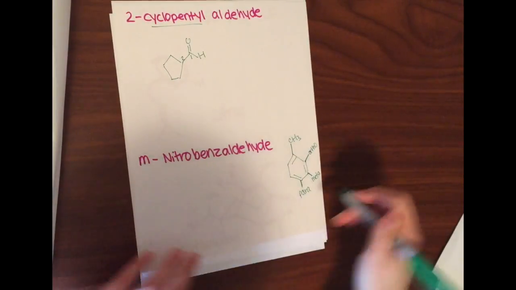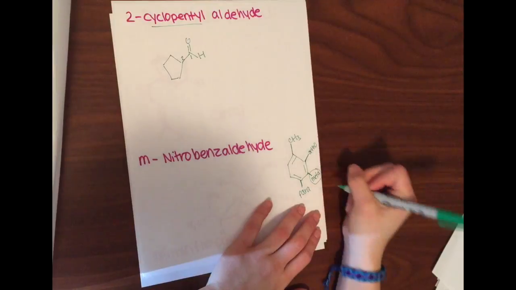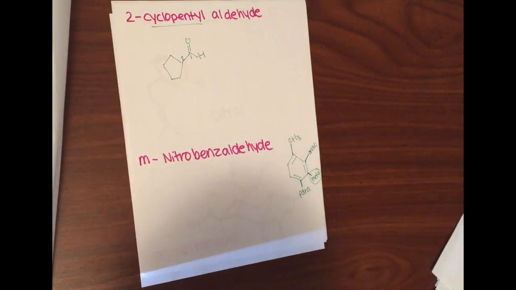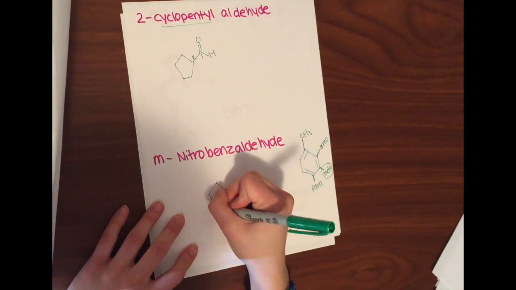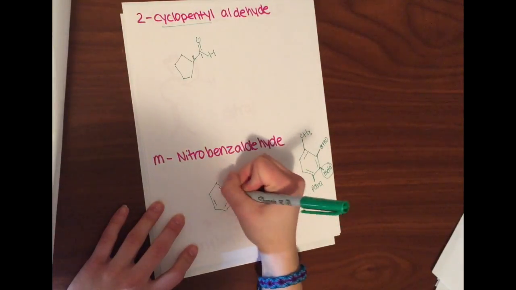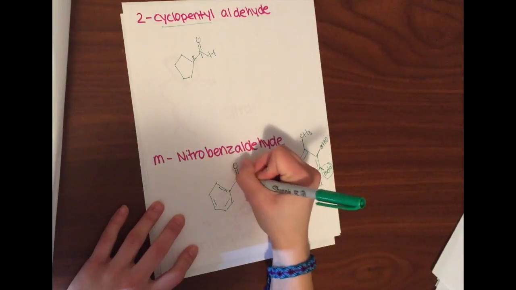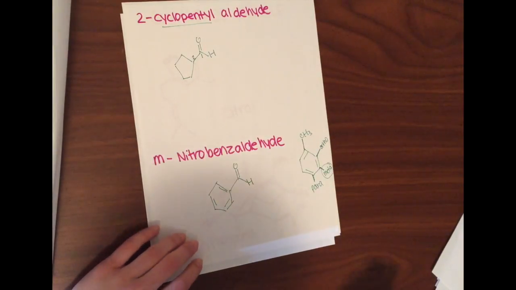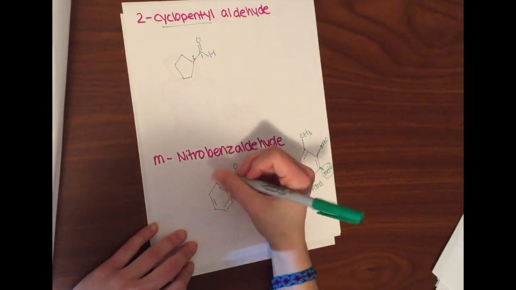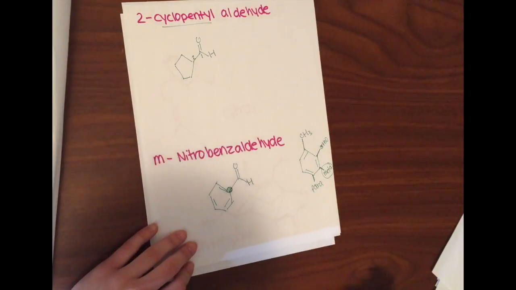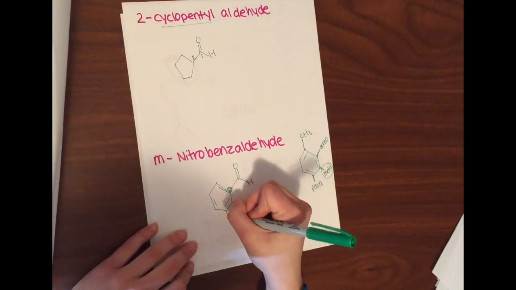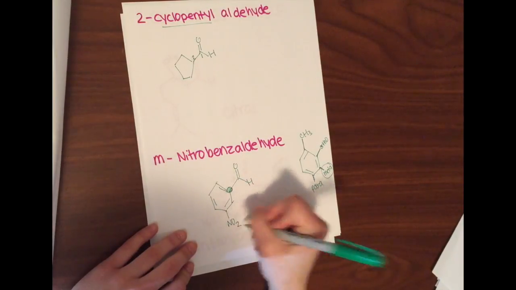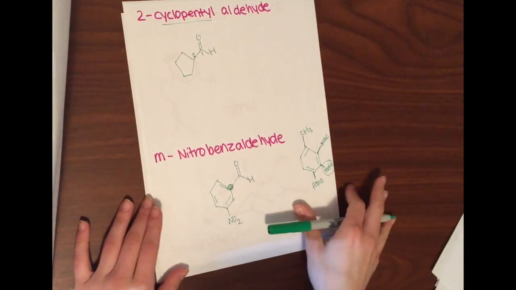So when we want m, that means that our nitro group needs to be in the meta position of the benzaldehyde. So from earlier, we know that a benzaldehyde is a phenyl group with an aldehyde coming off of it. And then if this is where our aldehyde starts, then meta to it would be this position right here, and you would have an NO2 nitro group.